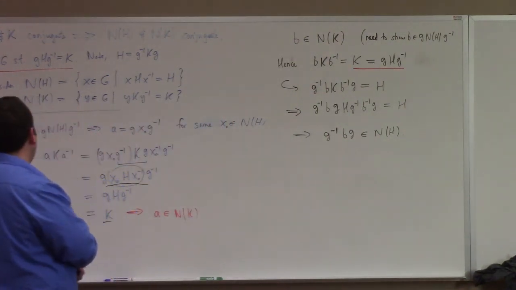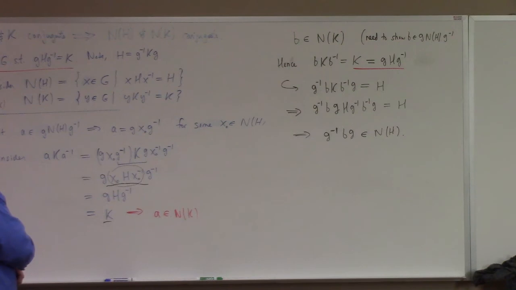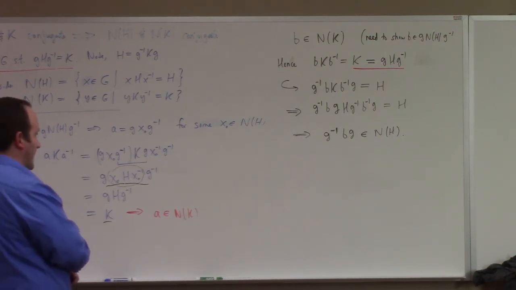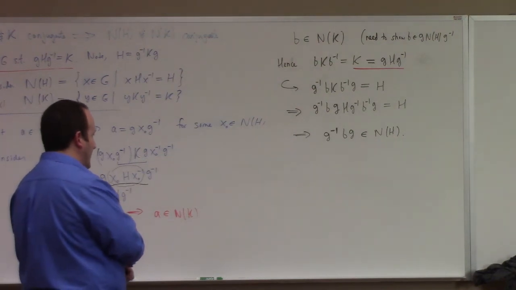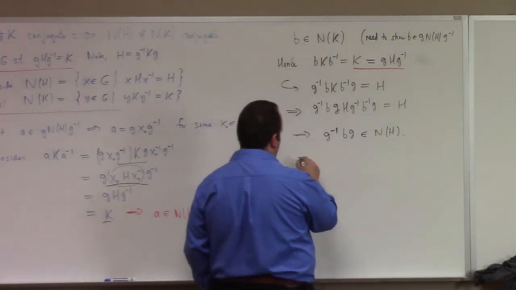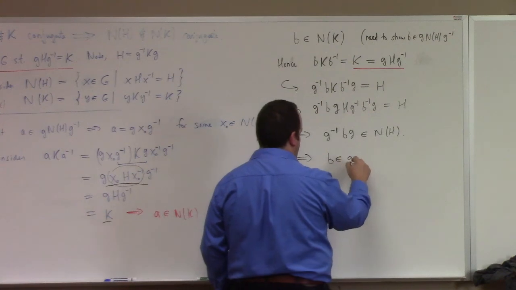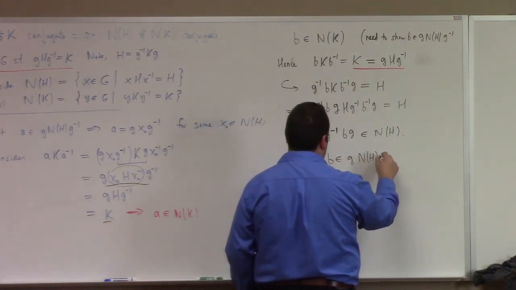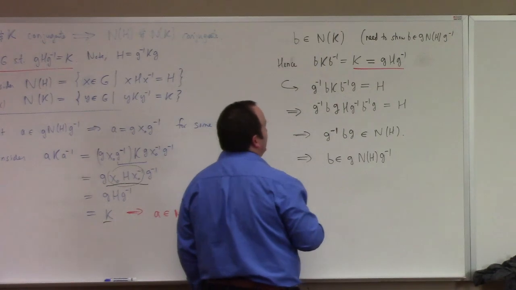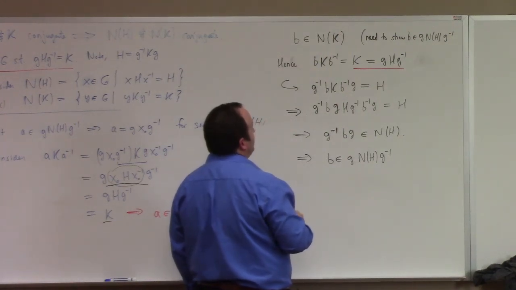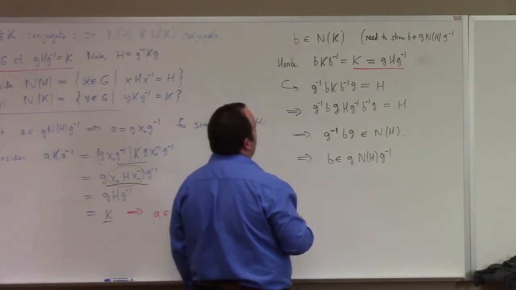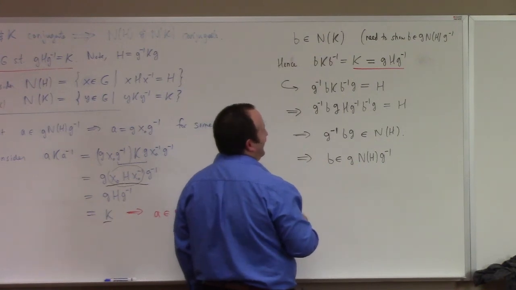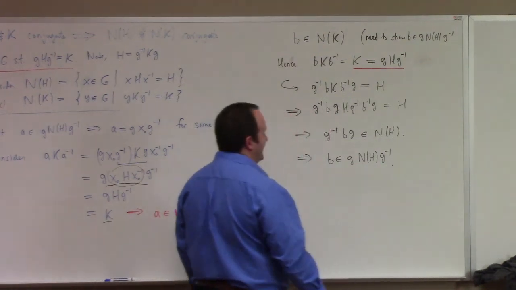Yeah, which is what you need, because then you multiply the G's back over. Because you need to show B is an element of G N of H G inverse, right? Which is what I wanted to show. Yeah, cool. Yay, just like I planned.